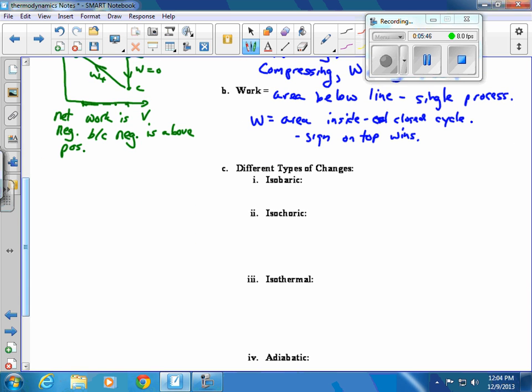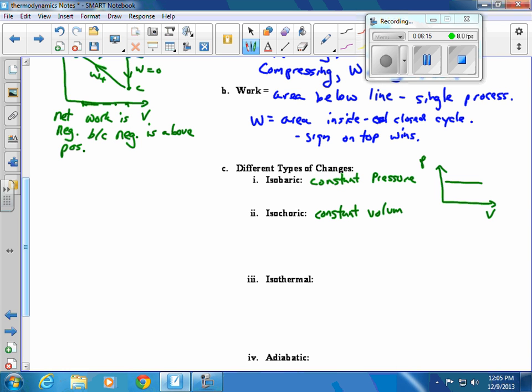Now, there's some definitions we need to know. Isobaric, a barometer measures pressure. Isobaric means same pressure or constant pressure. Okay, and a constant pressure line would look like this. Isochoric means constant volume.